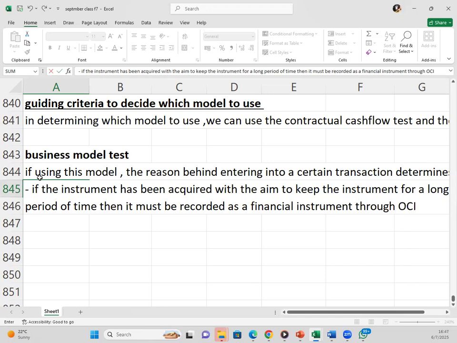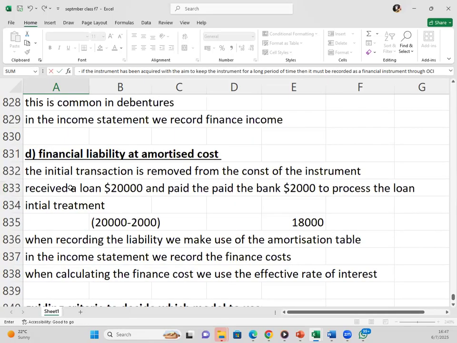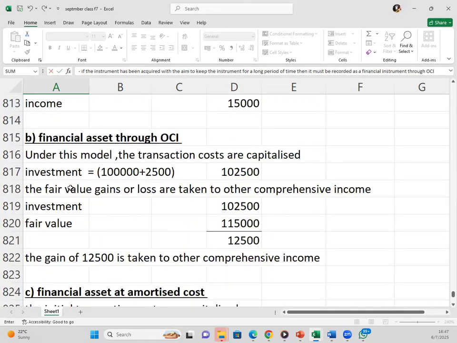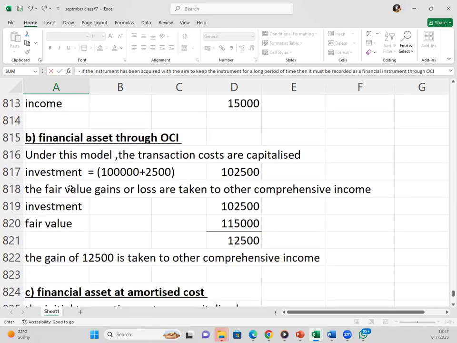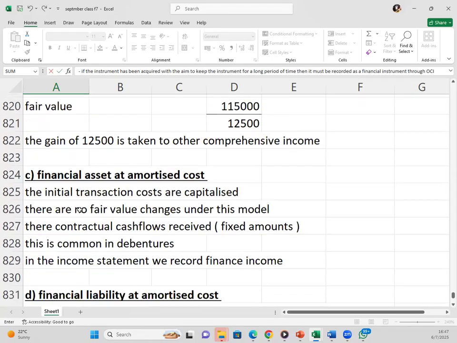So if you buy shares to keep them for a long time, even if the question is not specifying which model, as long as they mention the company intends to hold these shares, you record that as an investment, as a financial asset through OCI. We have bought the instrument to keep it.